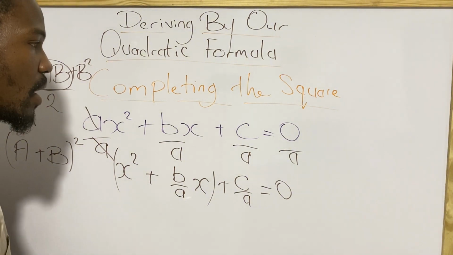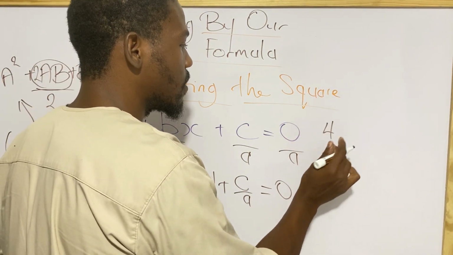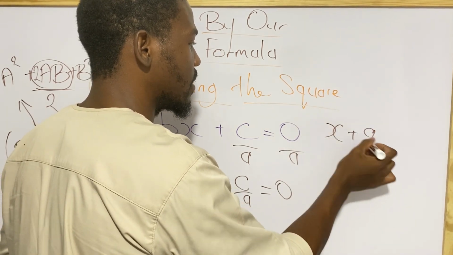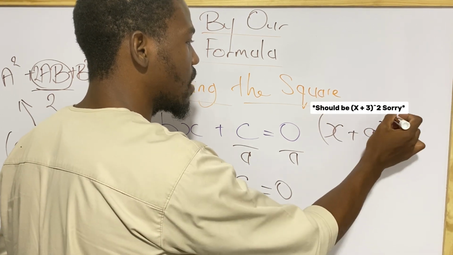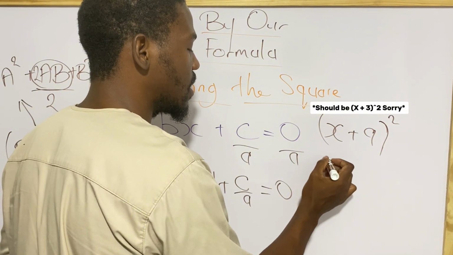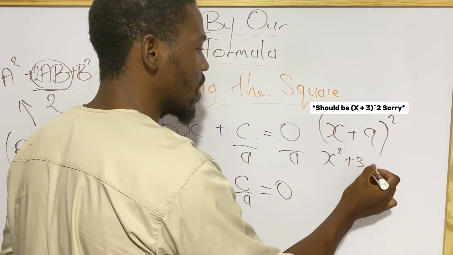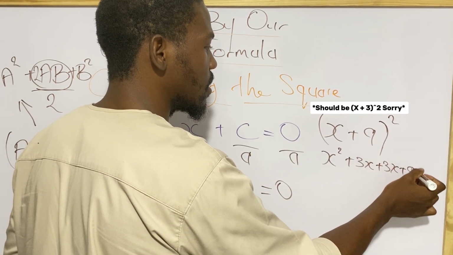Let me give you an example of that. Let us say we have x plus 3, all squared. In a perfect square, as I said before, that would be written as x squared plus 3x plus 3x plus 9.